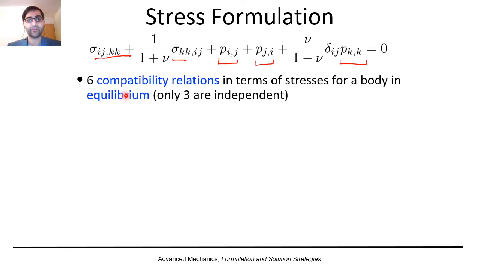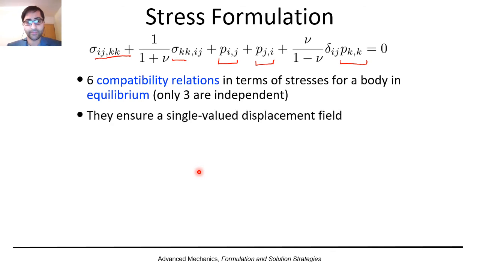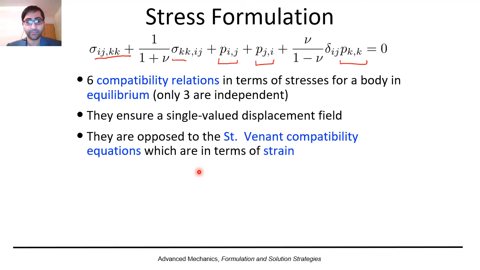It gives us 6 compatibility relations in terms of stress for a body in equilibrium, of which only 3 are independent. They ensure a single-valued displacement field. They are opposed to the St. Venant compatibility equations, which are in terms of strain. You remember that we had it.